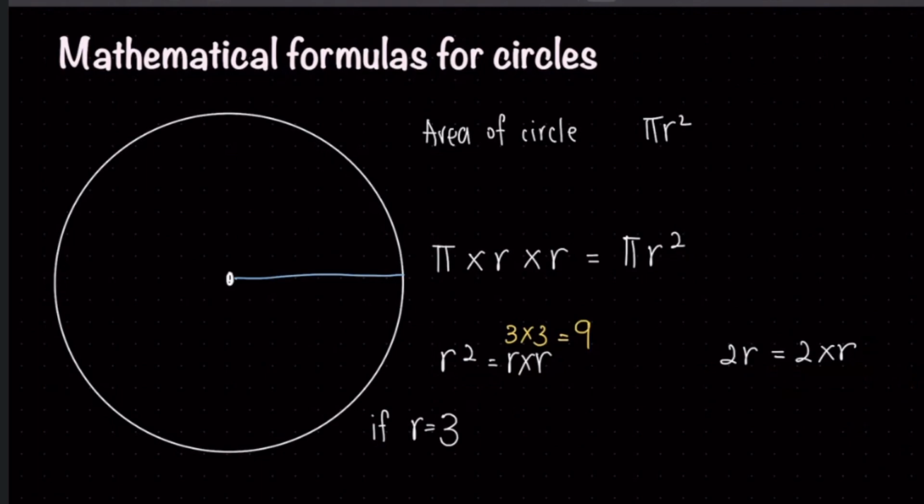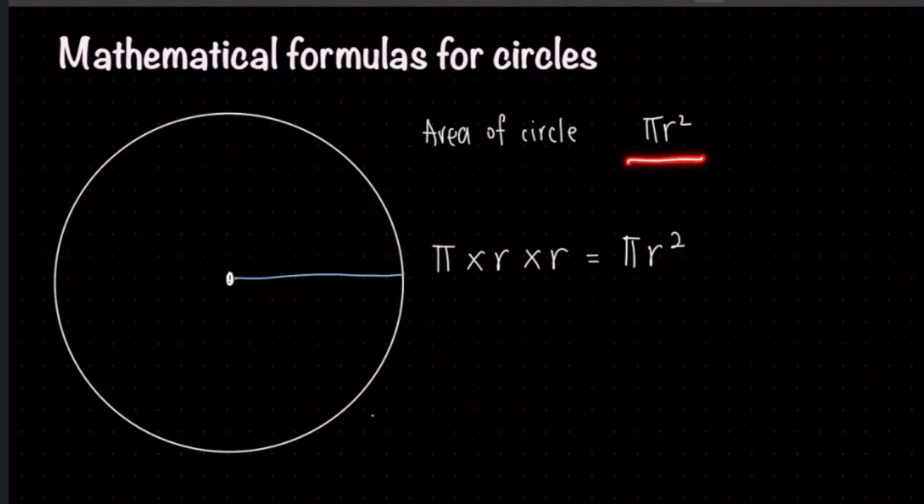And we have 2 times 3, and we have 6. They are different. So r square is not the same as 2 times r, 2r. So here we have it. The area of circle, pi r square.